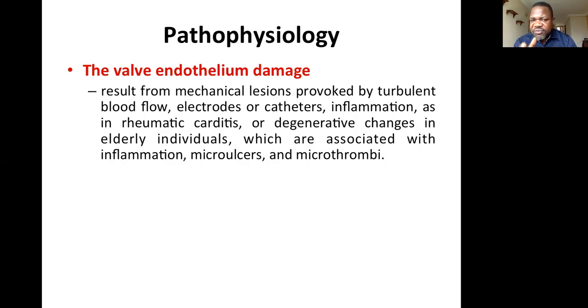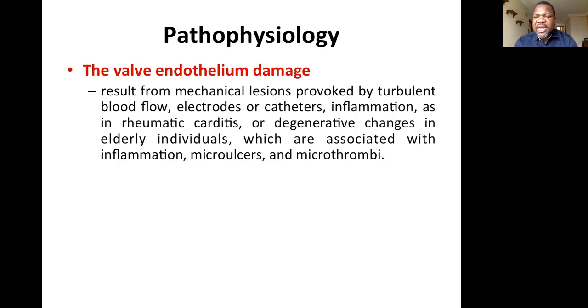It can be the use of an electrode or catheter in the valve or in the heart, or inflammation, such as in patients who develop rheumatic carditis, or it can be a result of degenerative changes in very old individuals, as a result of inflammation, micro ulcers or microthrombi.